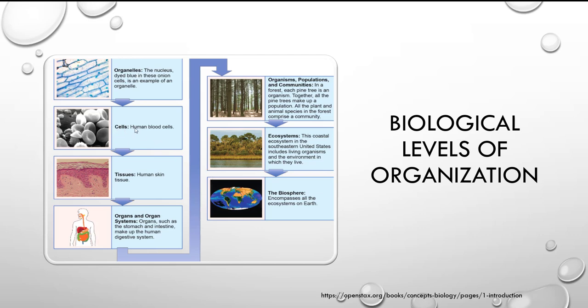And then a clump of cells with the same function forming tissue, and then multiple tissues making up organs working together to form an organ system, organ systems working together to create a fully functioning organism, and then multiple organisms of the same species living in the same area forming a population. Populations of multiple populations living together in the same area would be a community. And then the community including the abiotic components forming an ecosystem, and then all ecosystems on Earth forming the biosphere.